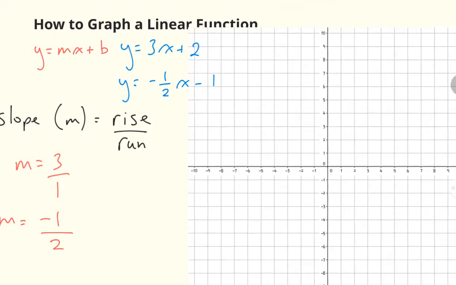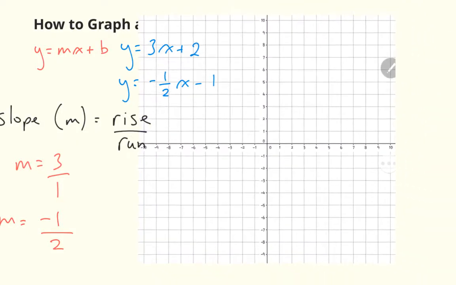In order to graph, for example, this first equation, we know that b means the y-intercept, so the y-intercept that we're starting at in this case is 2. Here's the y-axis, the x-axis, and the y-intercept is the point on this line. Another way we could say it is that it has a y-intercept at (0, 2), and this 2 and that 2 correspond.